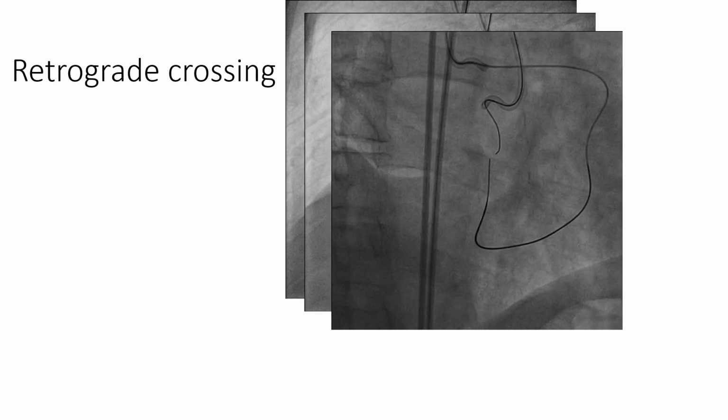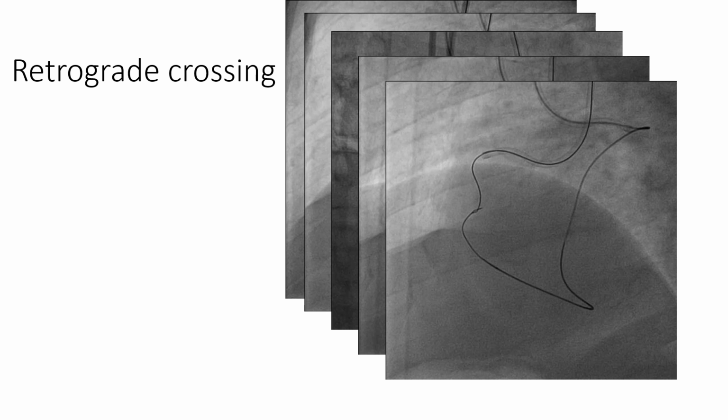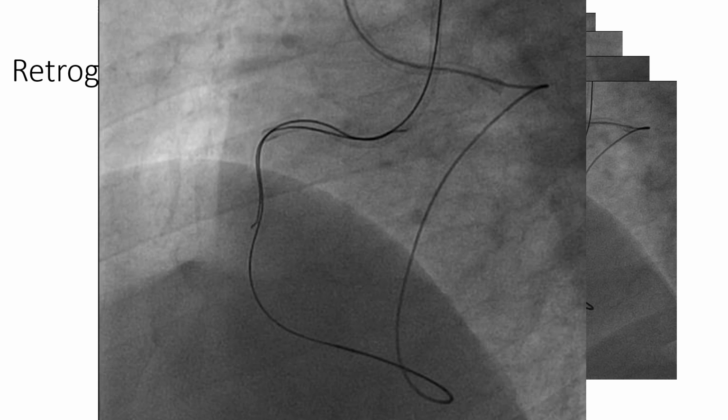And here you can see they are meeting in the same plane. And here we can see the retrograde wire has crossed the lesion and we pushed it up to the antegrade microcatheter.